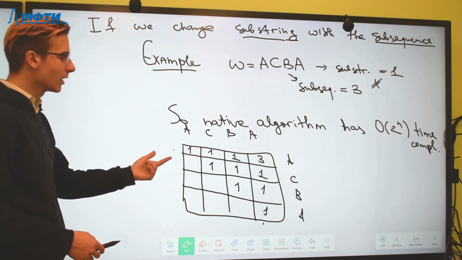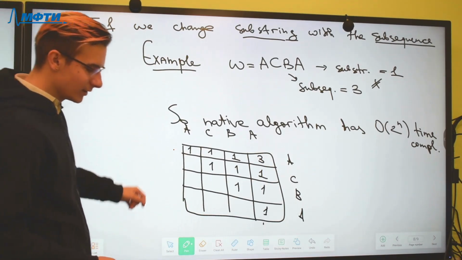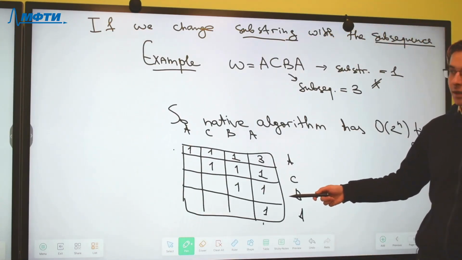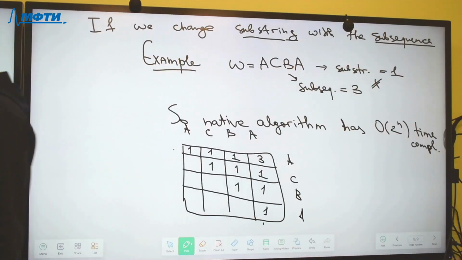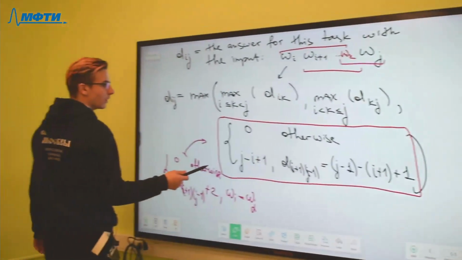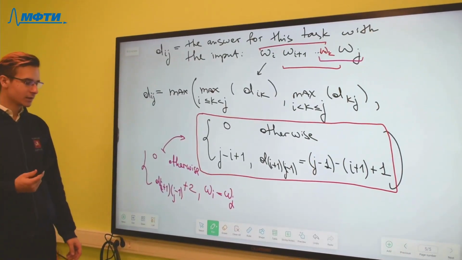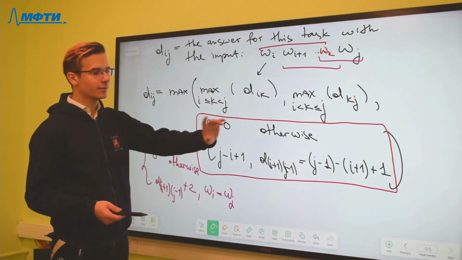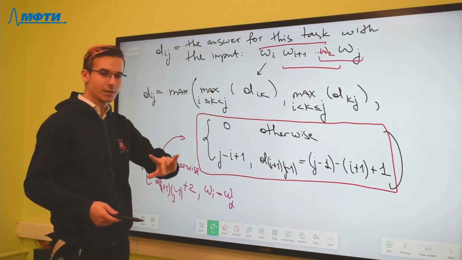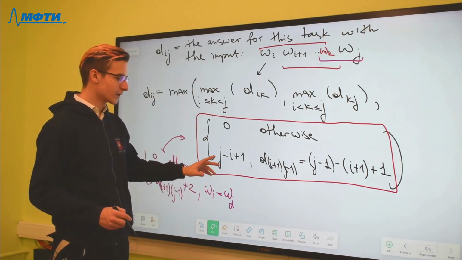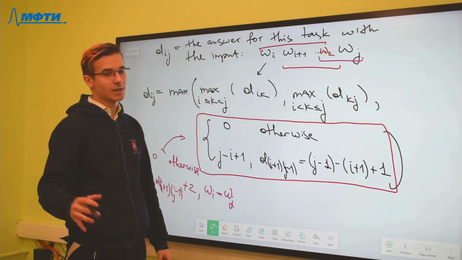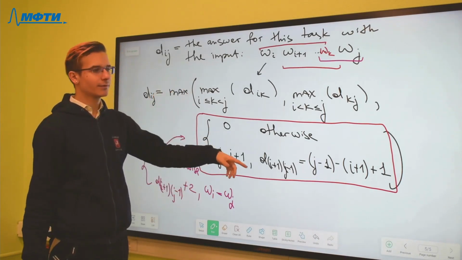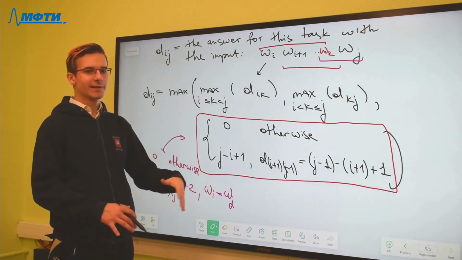And as you see, we change nothing in the algorithm, but we change the recursive formula. It's interesting that with dynamic programming we can change the input data, for example change substring with subsequence, and we can change the recursive formula with another one and change nothing in the program.